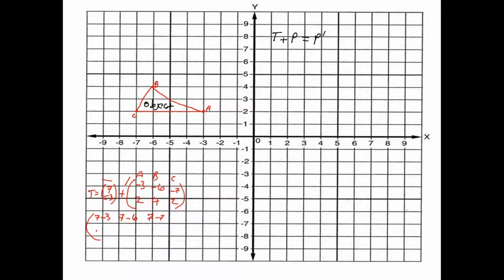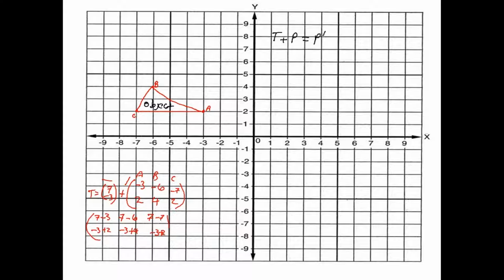We're going down now. We have -3 plus 2. Then we have -3 plus 4. We have -3 plus 2.